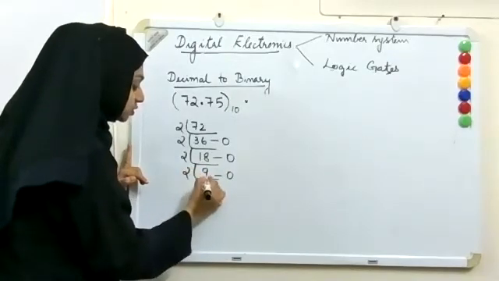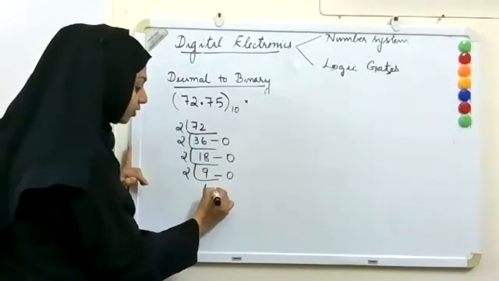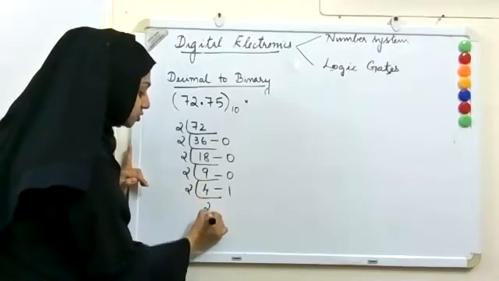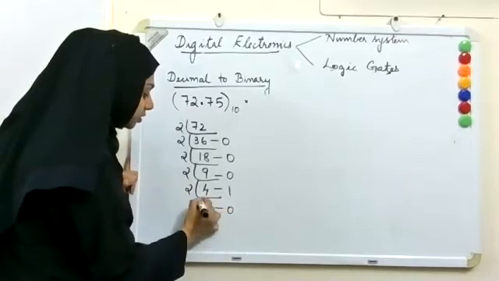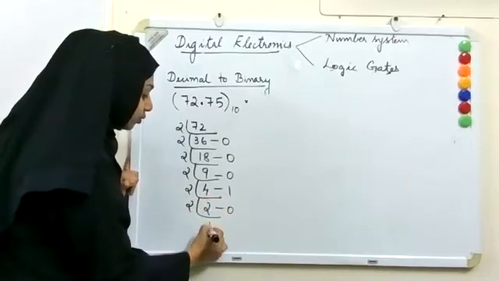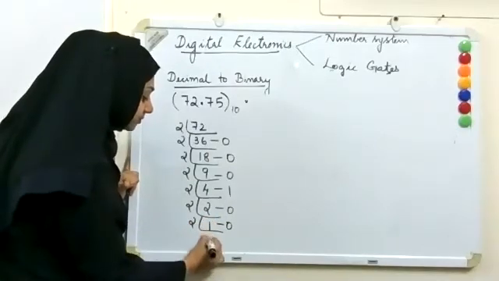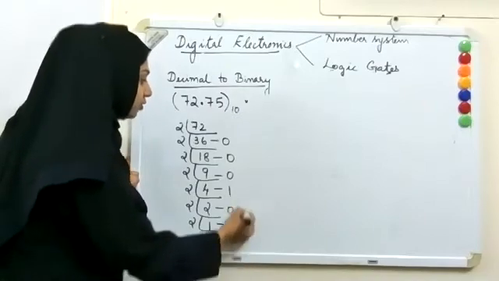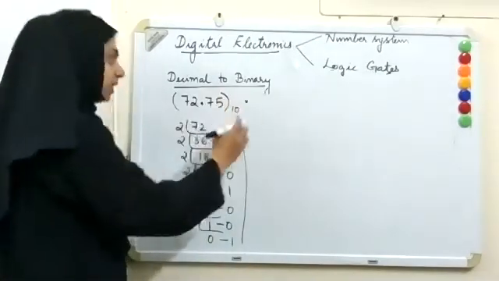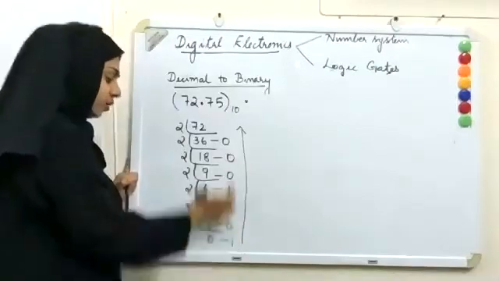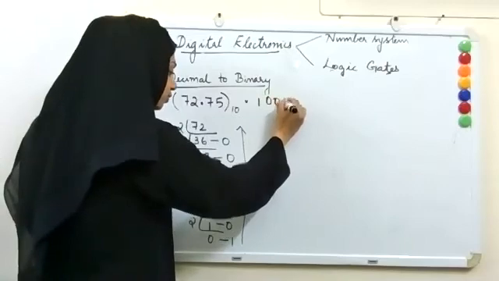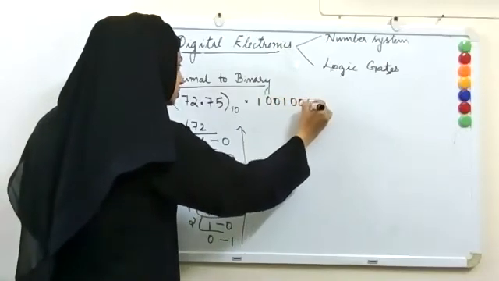Again divide by 2, 4 with remainder 1. Again divide by 2, 2 with remainder 0. Again divide by 2, 1, remainder 0. Again divide by 2, 0, remainder 1. And we have to go upwards. So it will be 1, 0, 0, 1, 0, 0, 0.